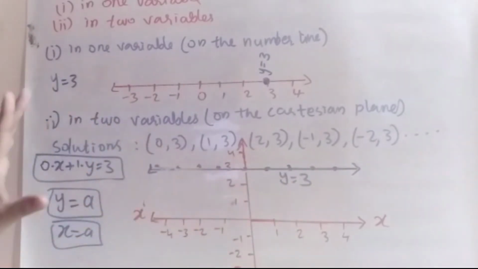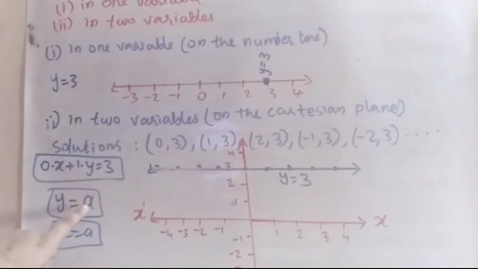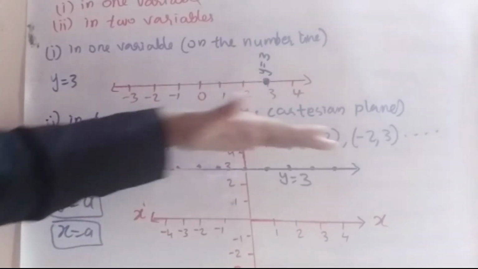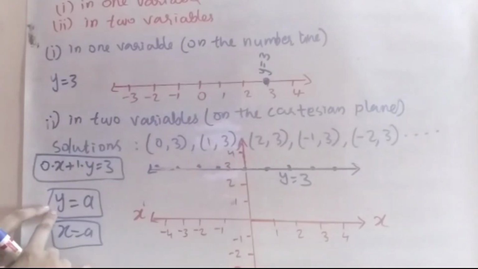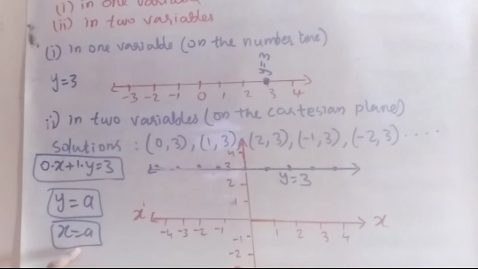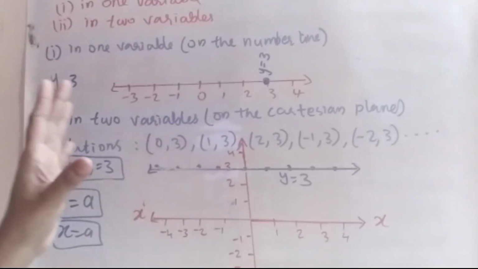So if the equation is of the form y is equal to a, any number, negative or positive, the graph is a straight line parallel to the x-axis. If it is x equal to a, it is parallel to the y-axis.